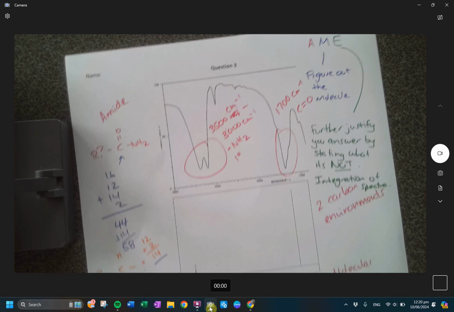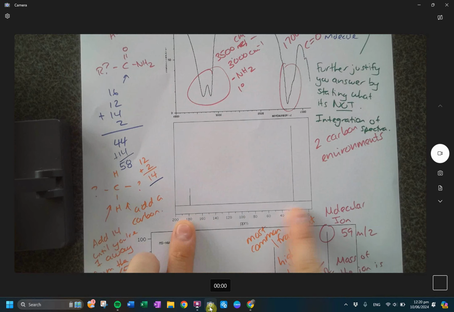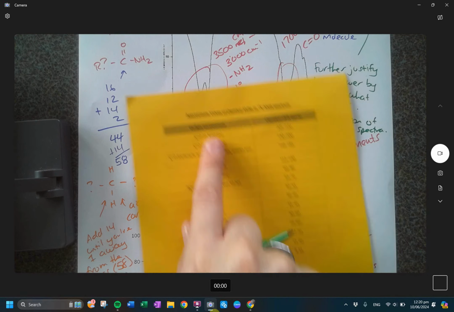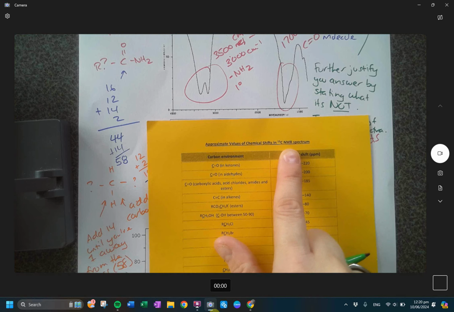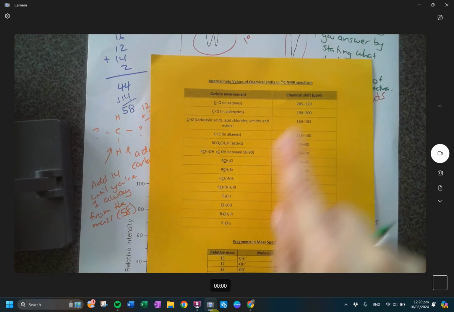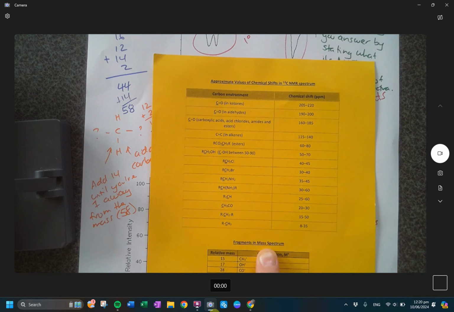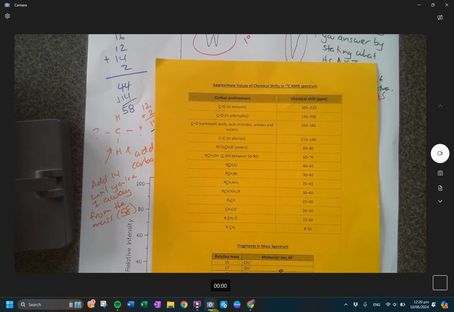One of the ways you can do that is by justifying what you see in the C13 NMR. So the C13 NMR you can also use to figure out carbon environment. So you see how you have approximate values on the chemical shifts in the C13 NMR spectra. So this is another way to identify functional groups. I will explain how that works probably in tomorrow's lesson, but I'll see how you guys go.